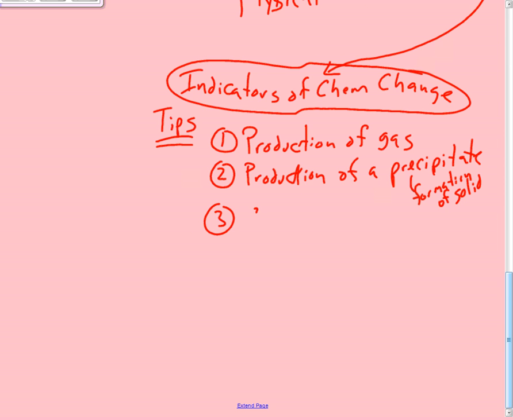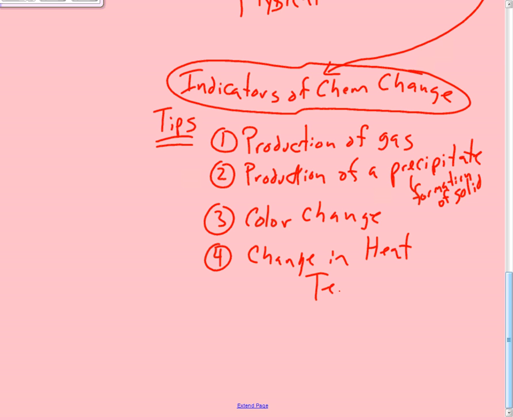If you see a color change, then you have probably witnessed a chemical reaction. And number 4, if there is a change in heat. So what do I mean by change in heat? Temperature increases or temperature decreases. If you see any one of those 4, then a chemical change probably has occurred.